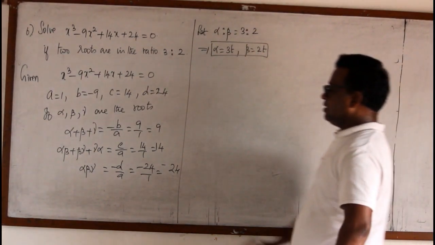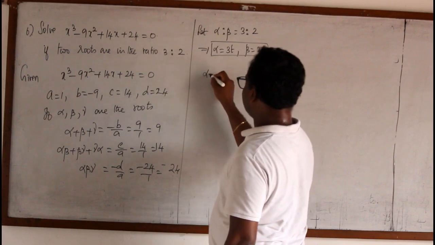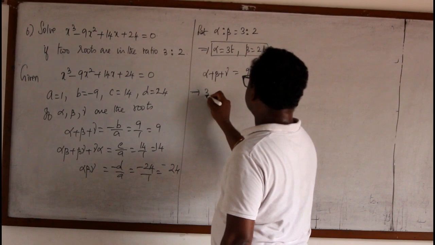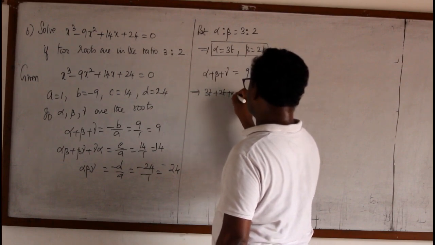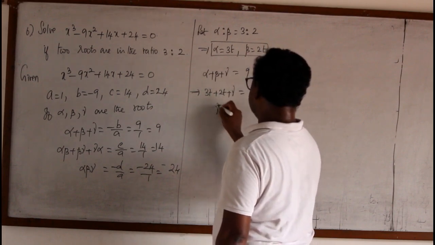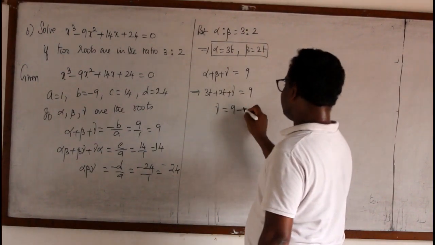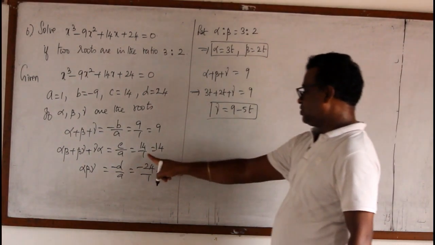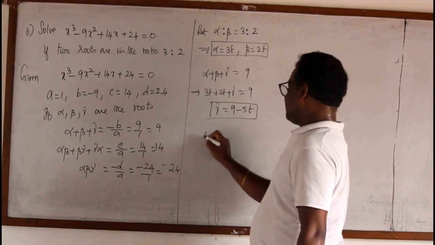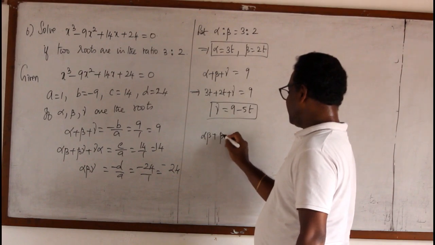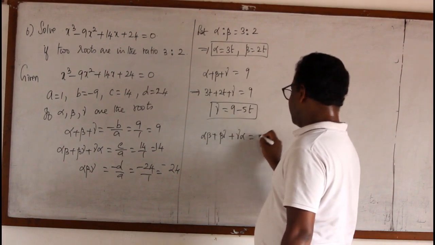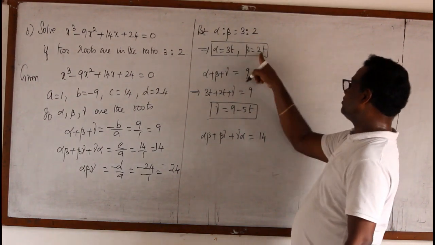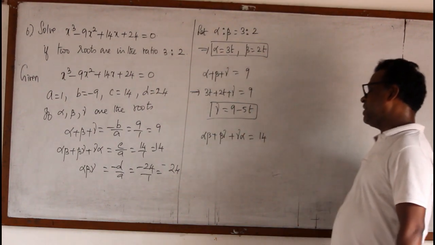Then alpha plus beta plus gamma is 9 implies 3t plus 2t plus gamma equal to 9, so gamma can be written as 9 minus 5t. We shall substitute here. Again, alpha beta plus beta gamma plus gamma alpha is 14. So wherever alpha comes 3t, wherever beta comes 2t, and wherever gamma comes 9 minus 5t.